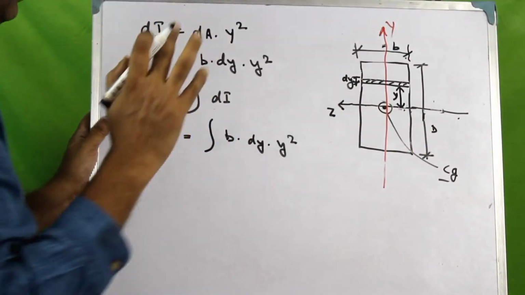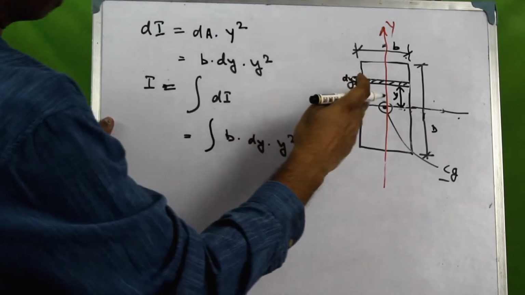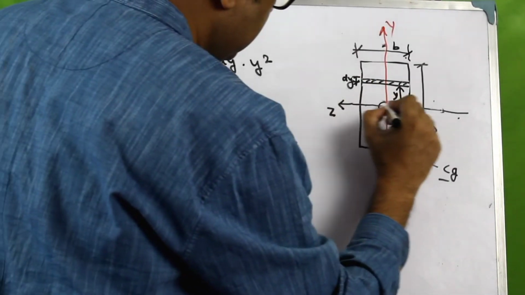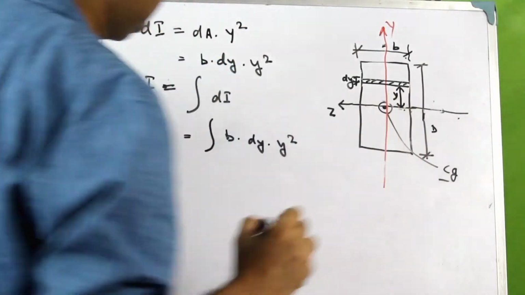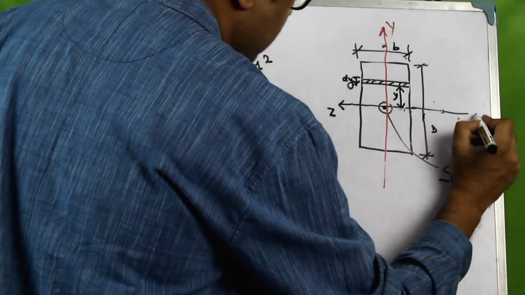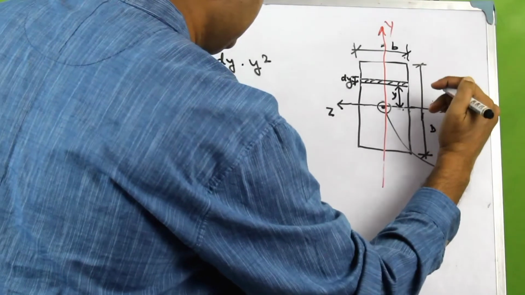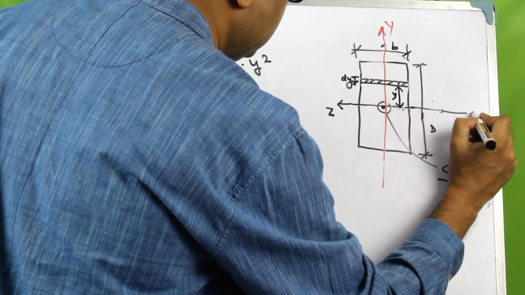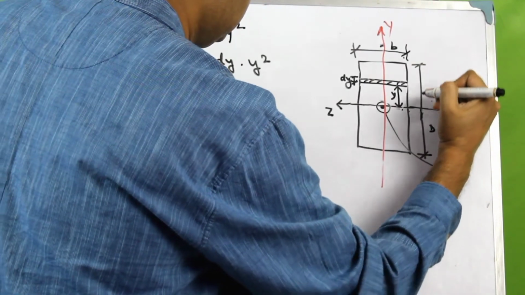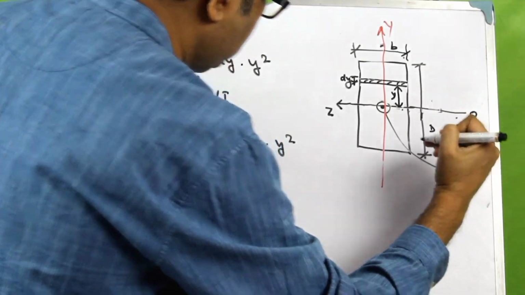And remember that we are measuring along the y-axis from this centroidal axis z. So this is the origin from where we are measuring. Here the value of y is 0, and it will have positive values as we go up and negative values as we go down.